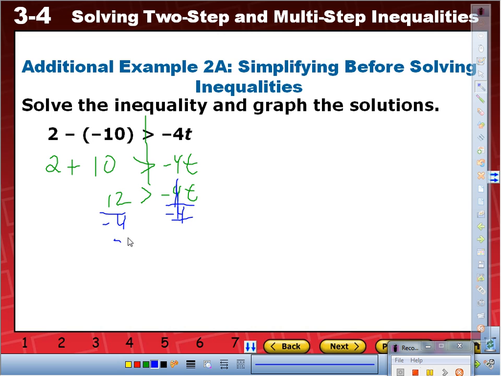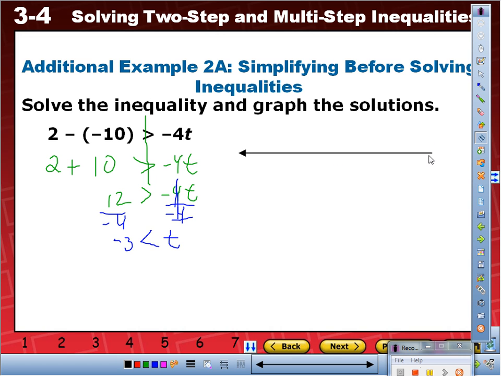Therefore, we're left with negative 3 less than t. Why did we switch it? Because we divided by a negative. Are we there? In our graph, here we go. 0, negative 3, does not have an equal sign, so it's an open point because it doesn't include the negative 3.